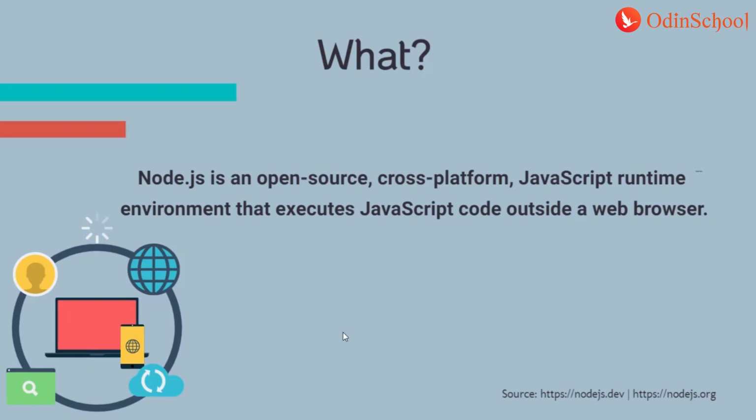Node.js is an open source, cross-platform JavaScript runtime environment that executes JavaScript code outside a web browser. It's open source, that's one benefit. Cross-platform, another benefit, it can work on any platform, Windows, Mac, or Linux. A JavaScript runtime environment that executes JavaScript code outside a web browser. Before Node.js, if you asked anybody about JavaScript, they would say it runs in the web browser, Chrome or Firefox or IE, whatever.